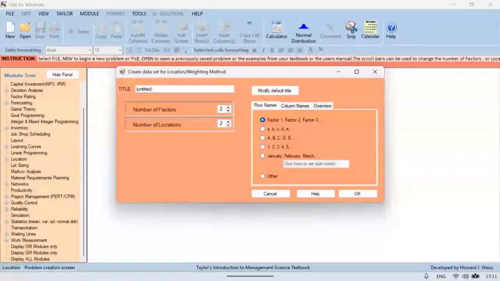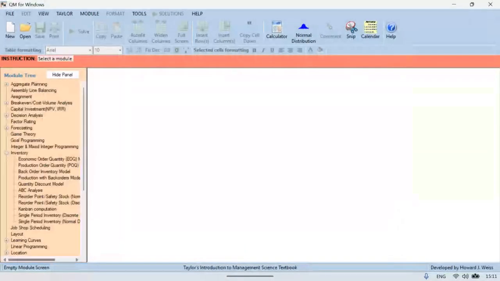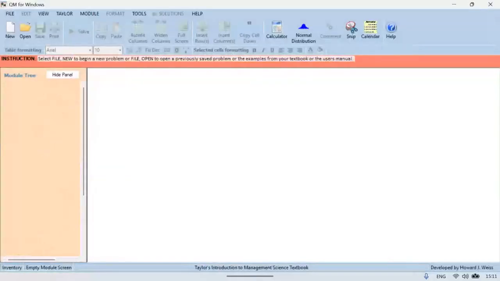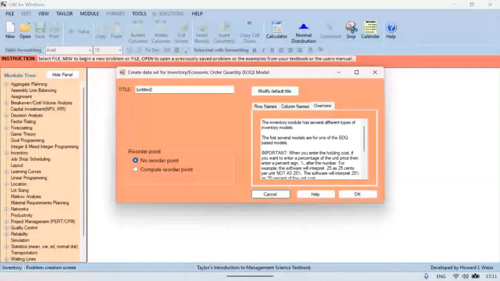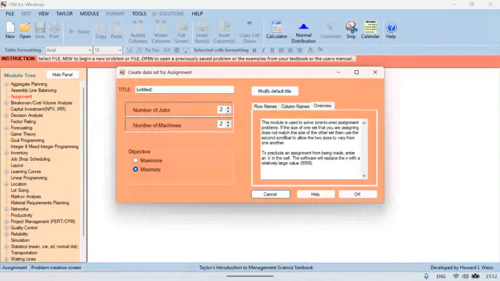There you go. Let's go all modules. Assignment. There's assignment. We have 4 to 4, and we are minimizing.